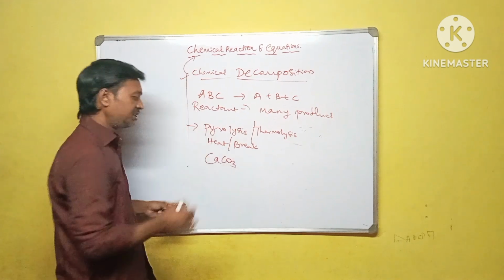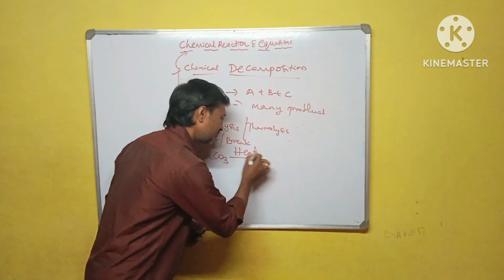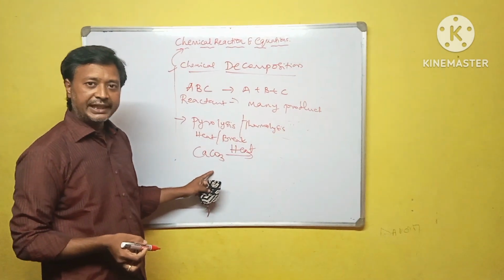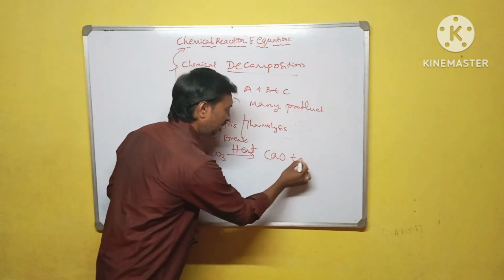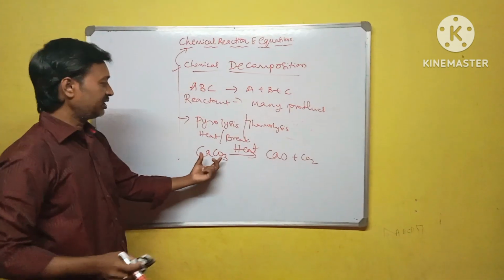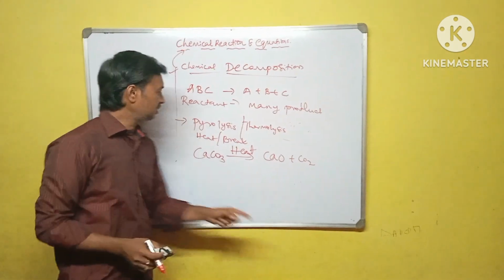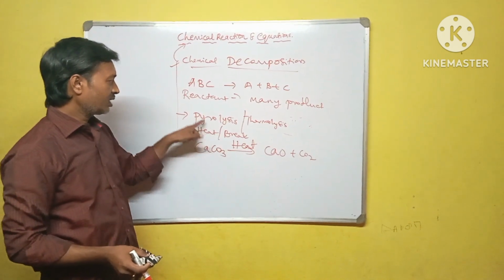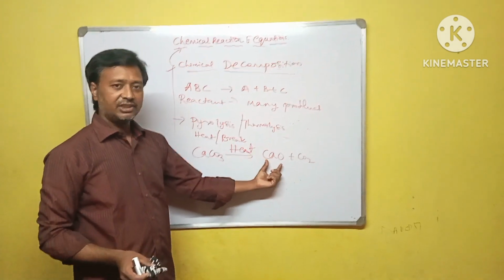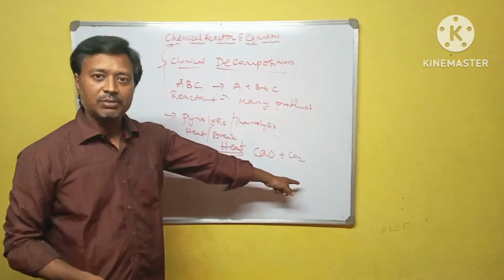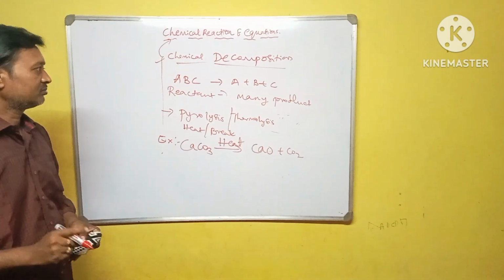CaCO3, calcium carbonate, on heating becomes calcium oxide and carbon dioxide. Look, a single reactant by heat breaks into many products. Pyro means heat. This is an example of pyrolysis.